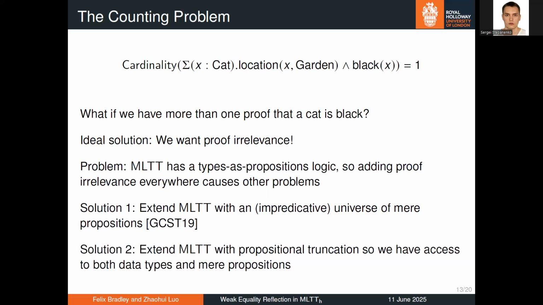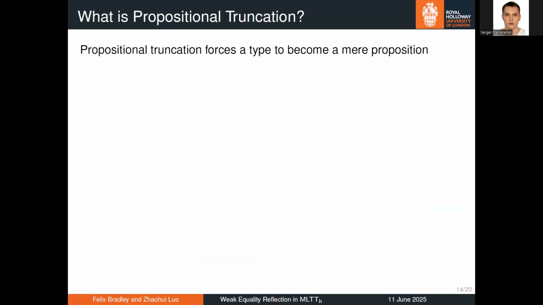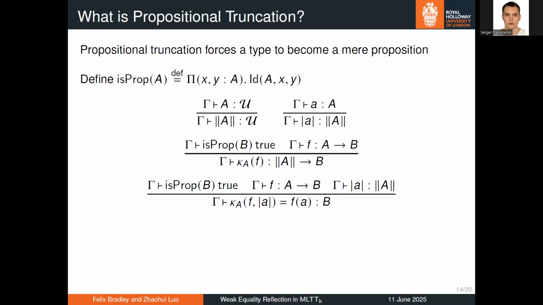So instead, we just want to extend the rule set of MLTT with propositional truncation so that we have access to both data types and mere propositions. Just to cover what propositional truncation is very briefly, this is where we force a type to become a mere proposition, i.e. all of its objects are equal. Here are the rules for this.